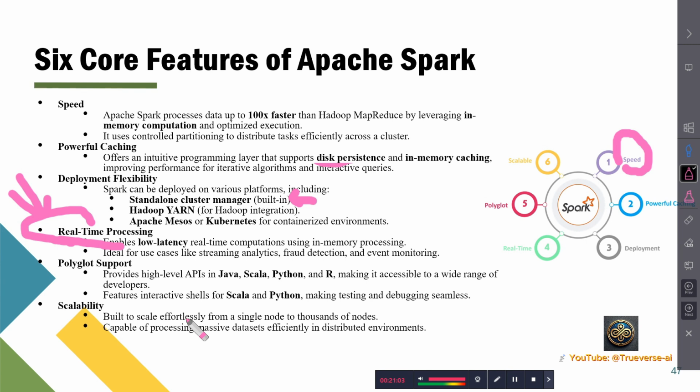Polyglot support means a lot of high-level APIs. I already talked about the versatile environment. So this is that one, and the sixth is scalability. You can scale from a single node to thousands of nodes, because Spark can do partitioning. We will talk about it.